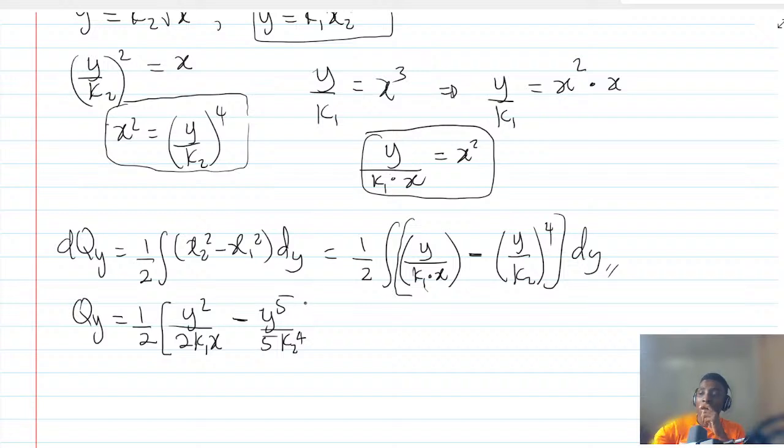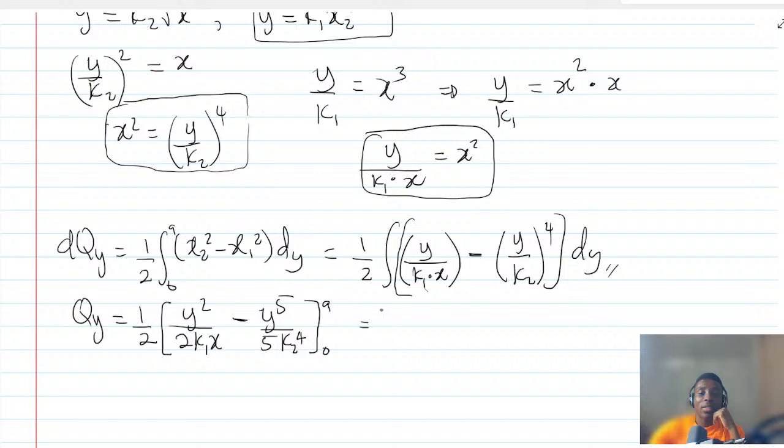And then the integration is also running from 0 to a. So wherever you see y, you put a there.